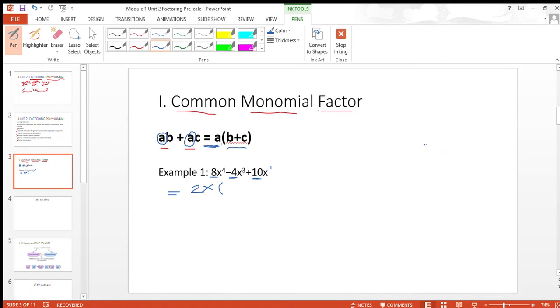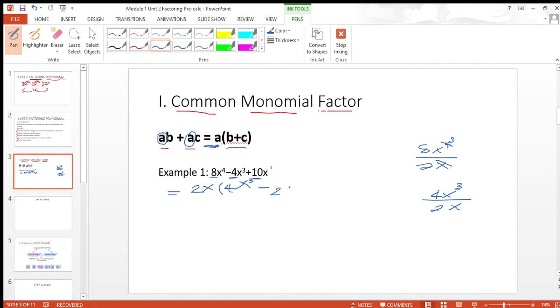So you have 8x to the fourth divided by 2x. 8 divided by 2 will be 4. And then x to the fourth divided by x will be x cubed. So this will be 4x cubed. And then minus, we have 4x cubed. We divide it by 2x. 4 divided by 2 is 2.